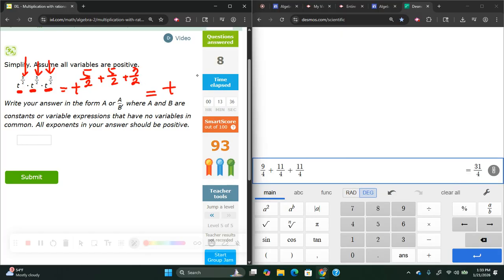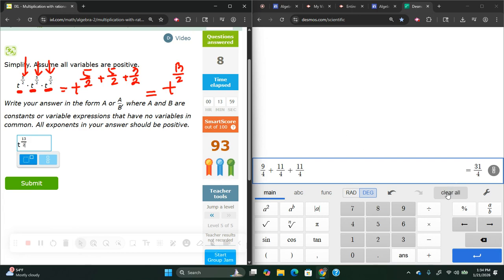So t power 5 over 2 add 5 over 2, that's 10 over 2, another 3 over 2, it will be 13 over 2. Okay, so I put the answer into the box. T, and then 13 over 2.